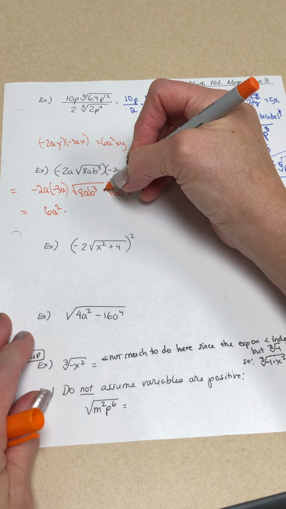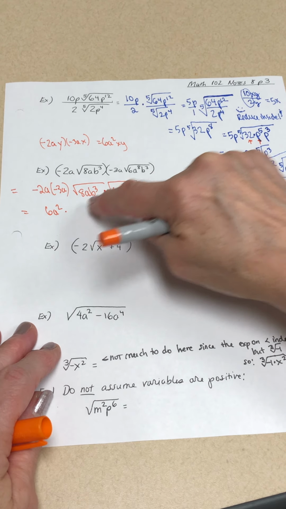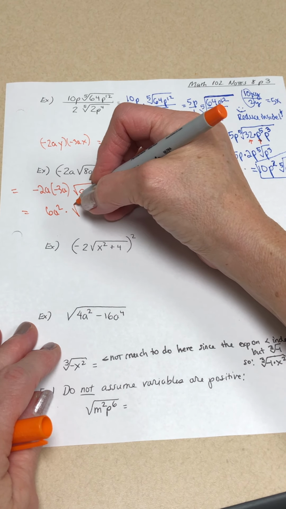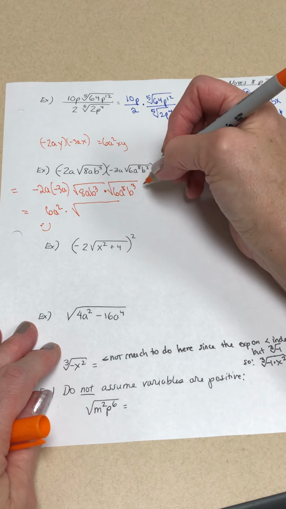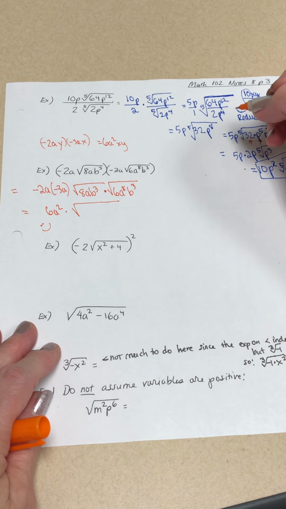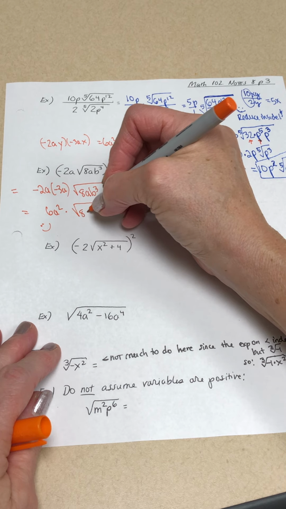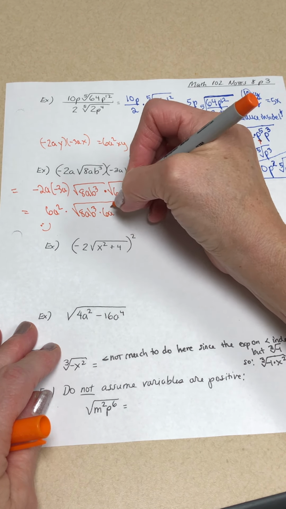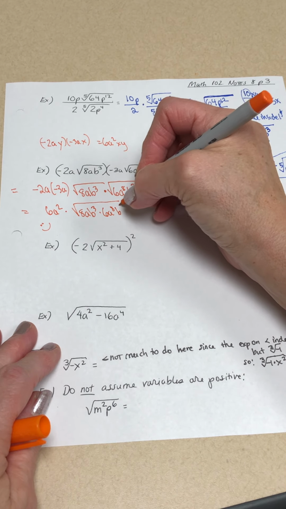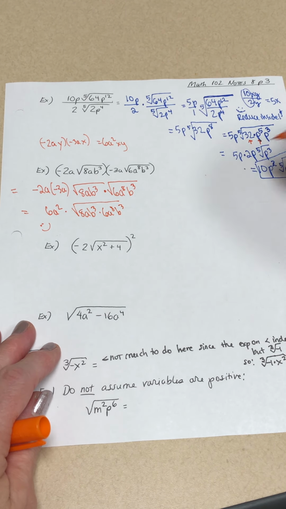So we have our rule that says if you are multiplying two radicals, you can make one big happy radical, and multiply under that radical. So that would be 8ab cubed times 6a to the 8th b cubed, all under the same radical.